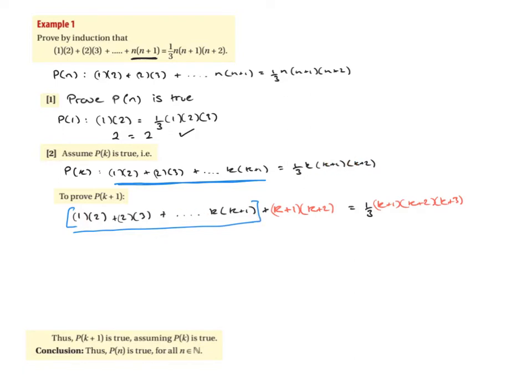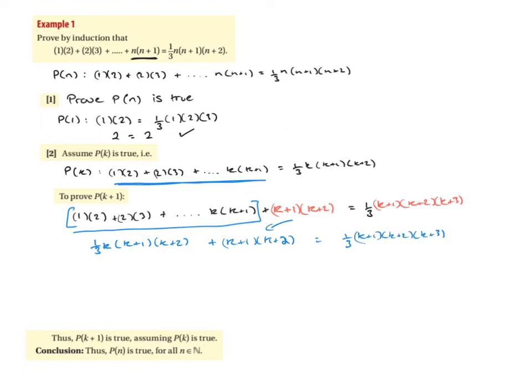So my next line is a third k times k plus 1 times k plus 2 plus the red thing here. So this is going to come down. It's got the plus the k plus 1 times k plus 2 here, and that must equal the right hand side, which is a third of k plus 1, k plus 2 and k plus 3.